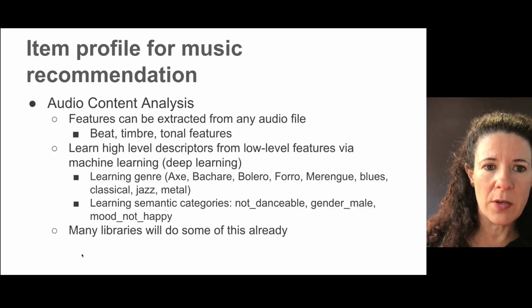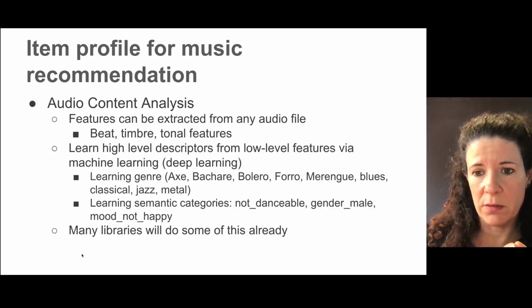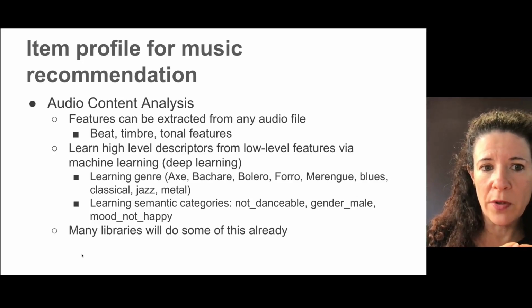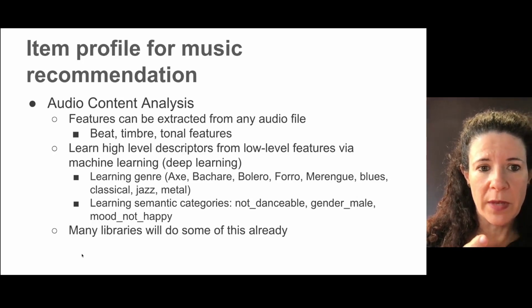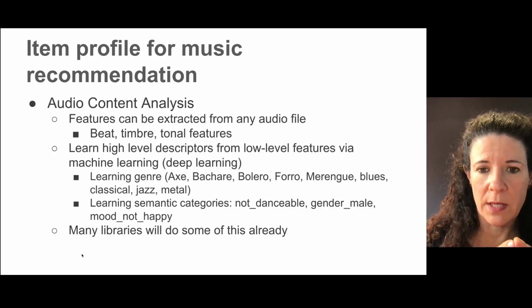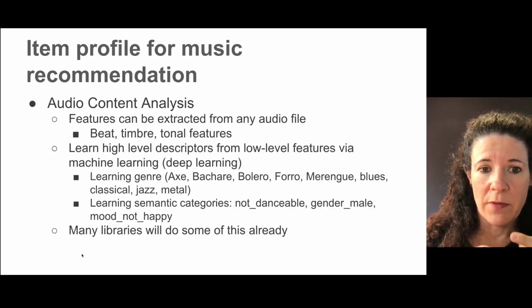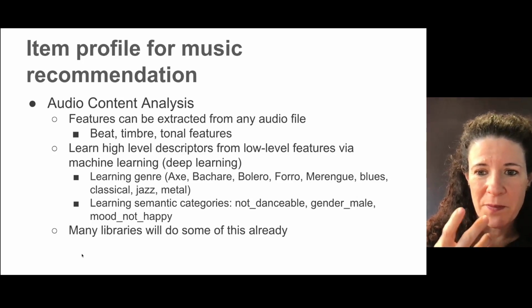So let's think about how we are going to compute the profile of a song, of an item in this music recommendation system. The first thing that we can do is some kind of audio content analysis. We can compute things like the beat, the timbre, the tonal features. We can use deep learning to figure out the genre of the music itself, like say bachata, bolero, forró, merengue, blues.